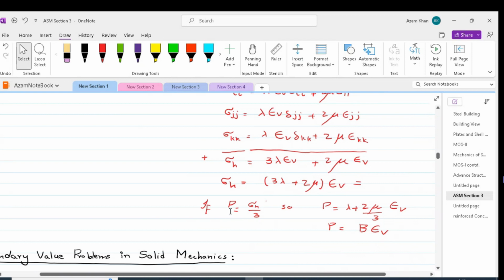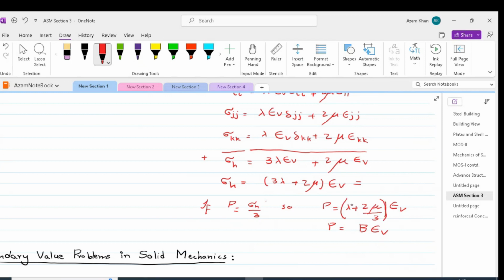If we define P equal to the hydrostatic stress by 3, where P is the mean stress, then plugging value in this equation, we get P is equal to lambda plus 2 mu by 3 epsilon v. So everything is in epsilon, and this lambda plus 2 mu by 3 is equal to the bulk modulus.